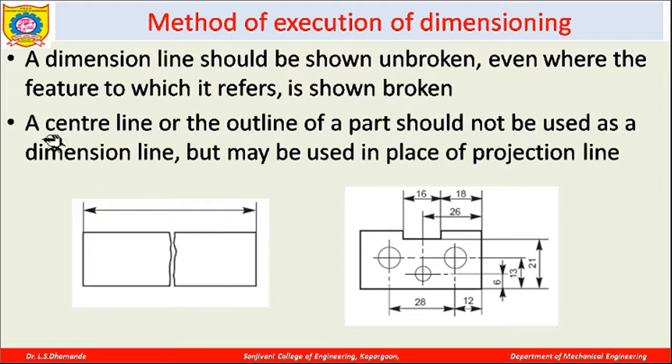And a center line or the outline of the part should not be used as a dimension line. So you should never use the outline or the center line as a dimension line, but it may be used in place of a projection line.